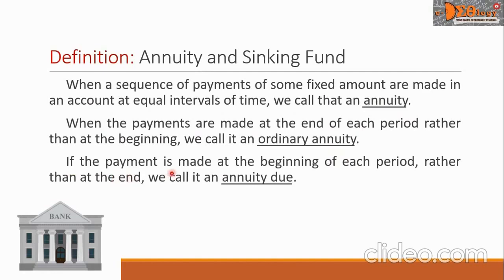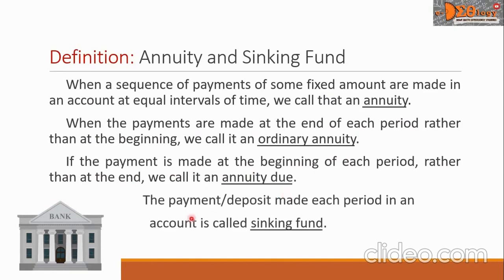If the payment is made at the beginning of each period rather than at the end, we call it an annuity due. The payment or deposit made each period in an account is called sinking fund.